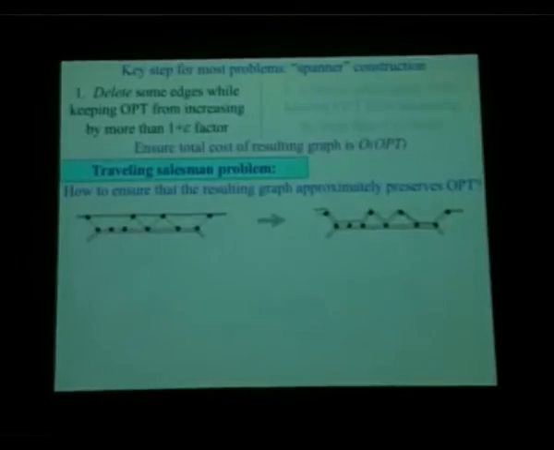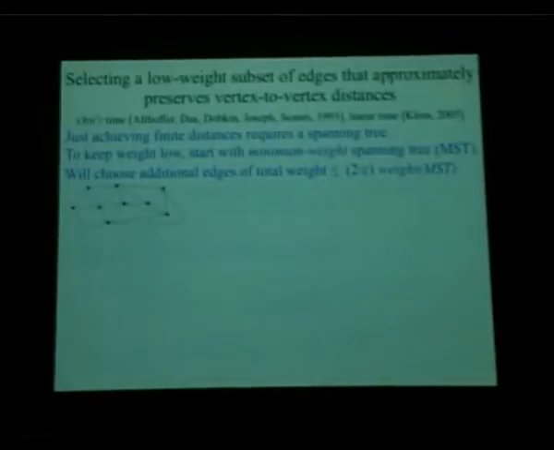Now, if we want a minimum length solution, we want the total weight of the resulting graph G to be small, right? So what's the best choice of spanning tree we could take? The minimum weight spanning tree. So that's going to be a good starting point. The weight of the minimum weight spanning tree, which we'll denote by MST, is what we want to choose.